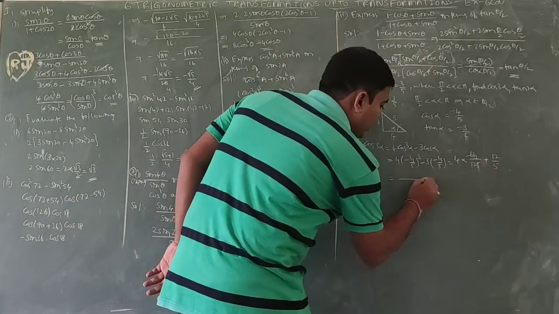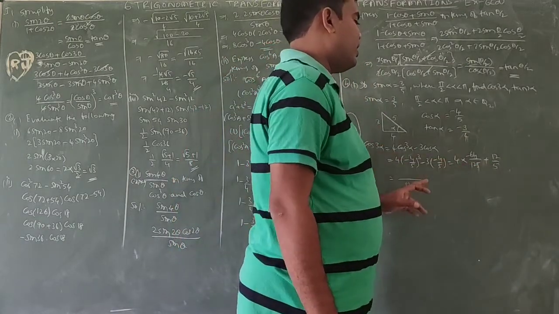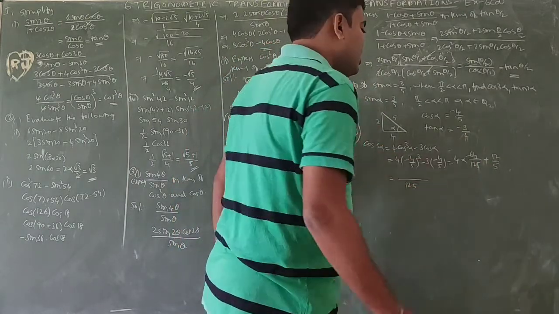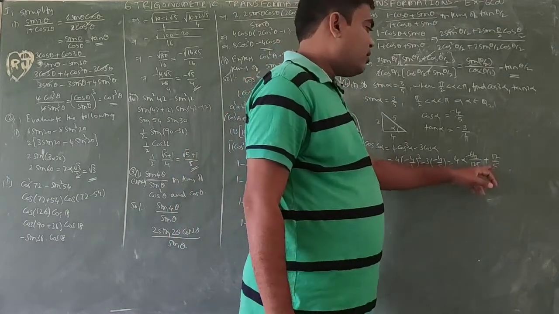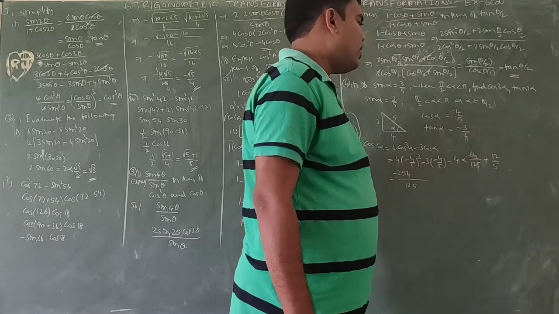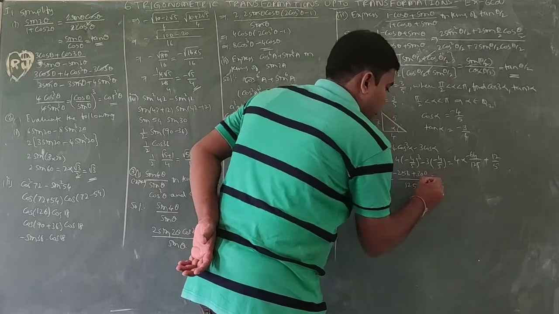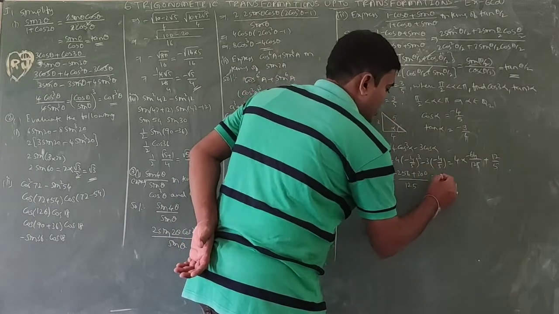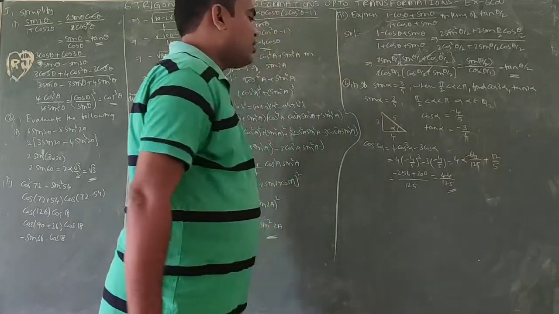So LCM 125. So this is 125, this is 5. 4 into minus 64 is minus 256. Next, 125 by 5 is 25. 25 into 12 is 300. 300 minus 256 equal to 44 by 125. So this is cos 3 alpha.